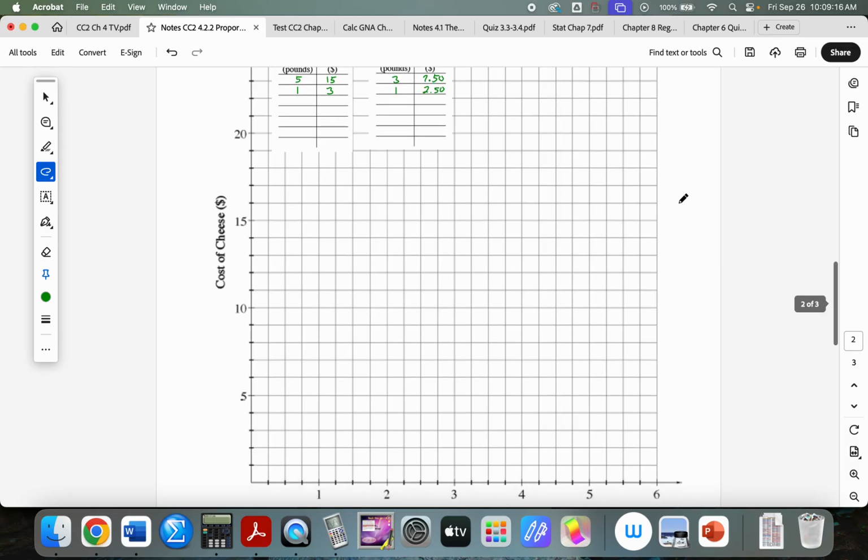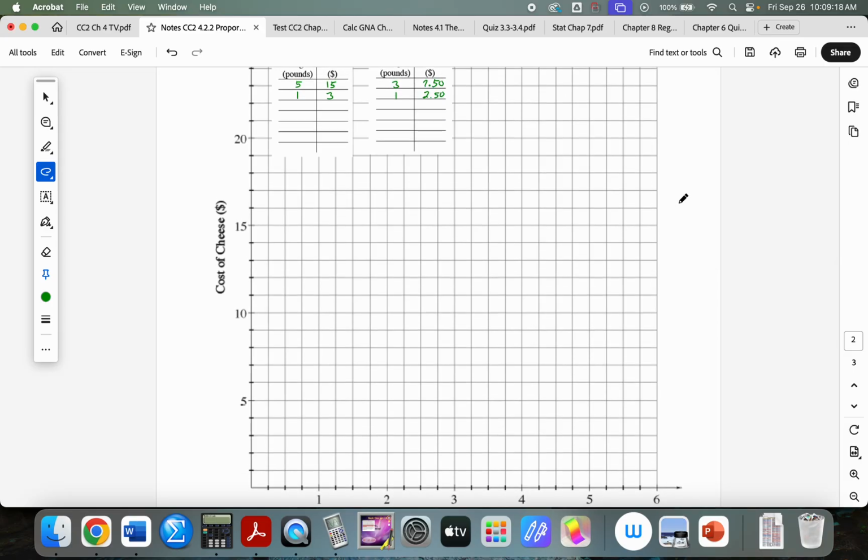So I'll do this in 2 different colors. If you've got colored pencils or something and want to do that, that's always fun. So the first one, 1 pound was $3. And 5 pounds was $15.